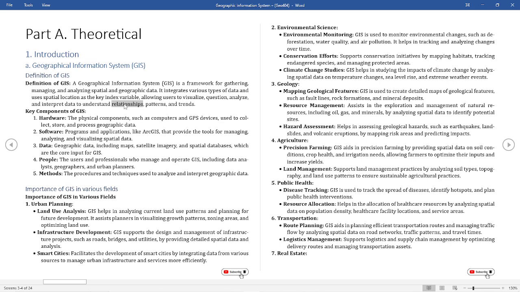What does relationship mean? It means if you have data like rainfall data and population data, or data related to agricultural land and population, or urbanization and population density, there is a relation.